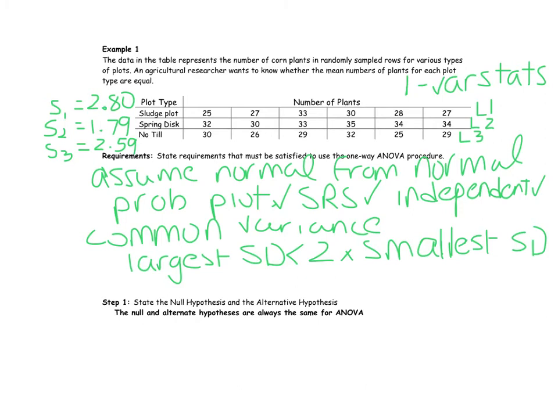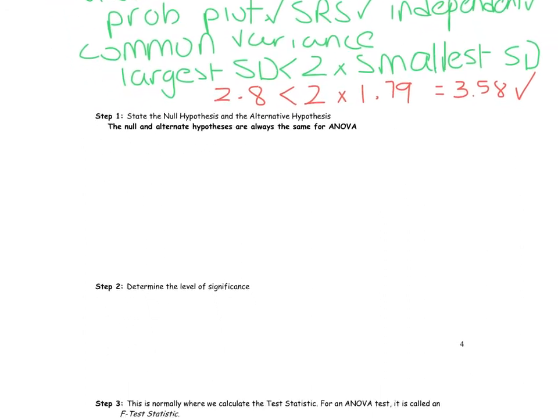Okay, so which one's the largest and which one's the smallest? 2.8 is the largest, and so we want to make sure that it's less than twice the smallest, or 1.79. So is 2.8 less than 3.58? Yes. Okay, so those are the requirements.